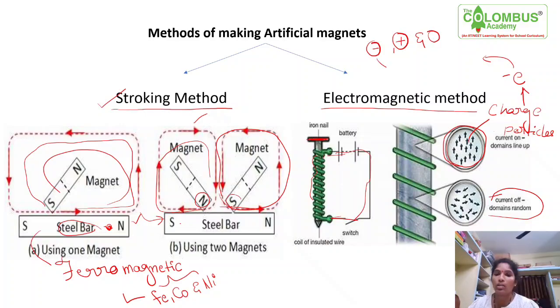And who carries the charge? Electrons carry the charge. So if I induce electric current by the movement of these charged particles, yes, the iron nail will get the property of magnetism. These are the two methods of making artificial magnets.